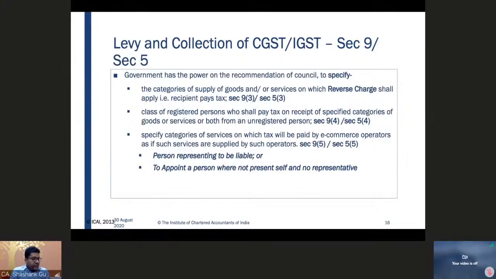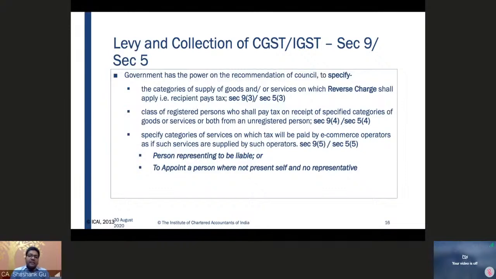Now continuing the section, it says that while we are prescribing how IGST and CGST will be applicable, generally it will be the person making such supply who will be liable to collect and deposit this tax.